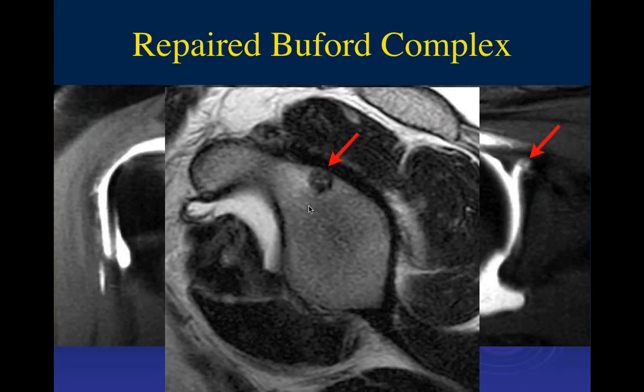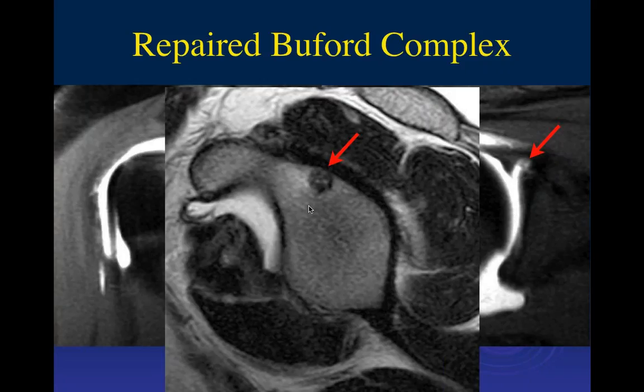And the question was, how difficult is it to differentiate normal variants from actual labral tears at arthroscopy? Well, everything is smooth at arthroscopy, so it doesn't look like a tear. There's no fraying, there's no sharp edges, and so on.